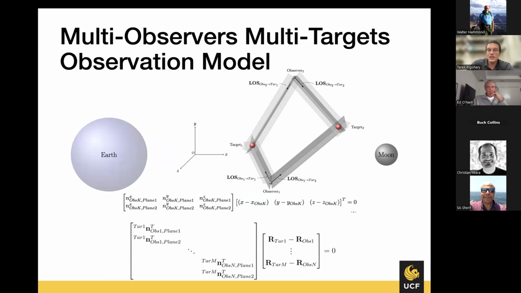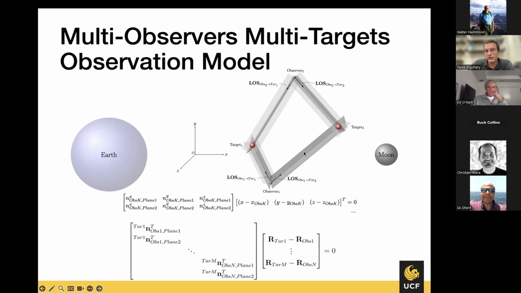So we can come up with planes based on line of sight, basically camera measurements, so angles-only measurements. Here we have a cartoon, obviously not to scale, showing observer one, observer two, target one, target two, with line of sight from each observer to each target.